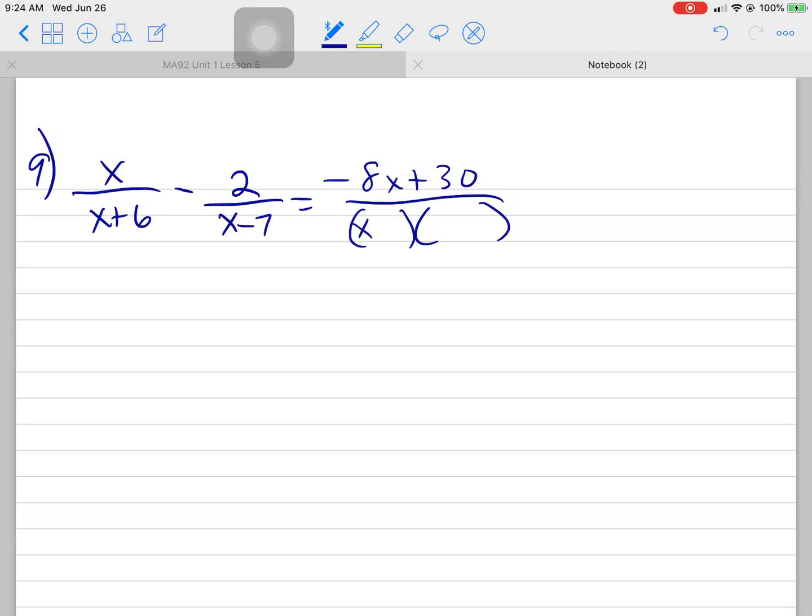So an x minus and a minus would be a plus and a minus. And factors of 42 that are 1 apart would be a 7 and a 6. And if I'm supposed to get a negative x in the middle, then the 7, the bigger one, has to be negative, and that's the positive one. So that's my LCD. So that's what I'm going to be multiplying everything by.